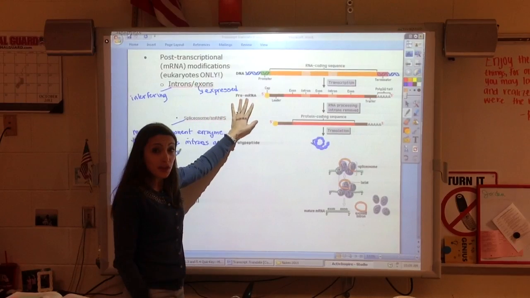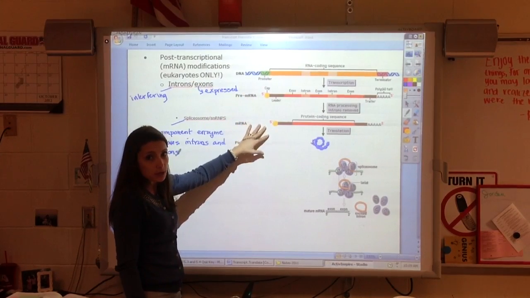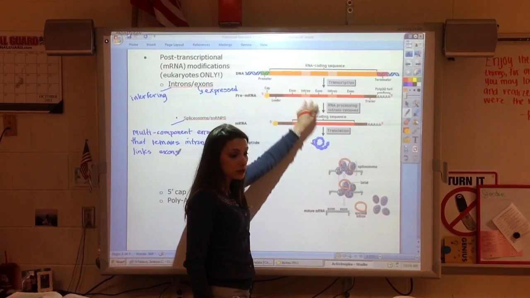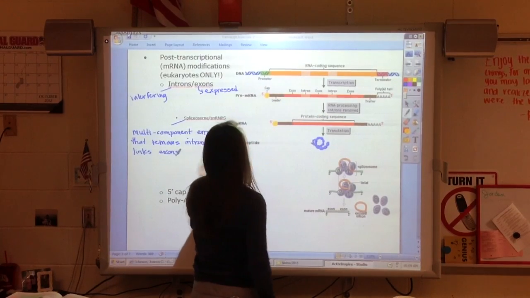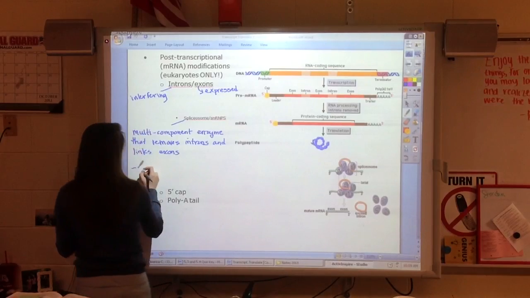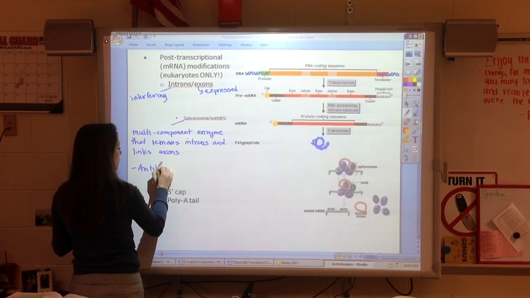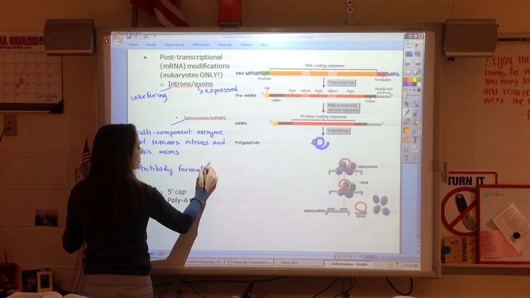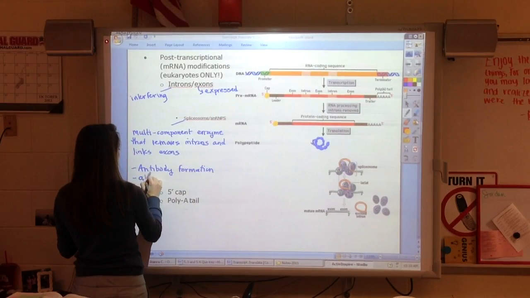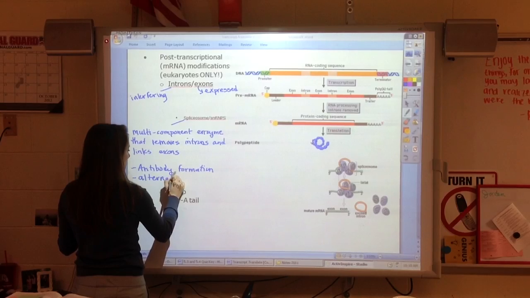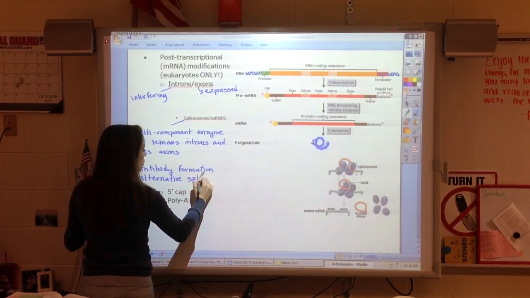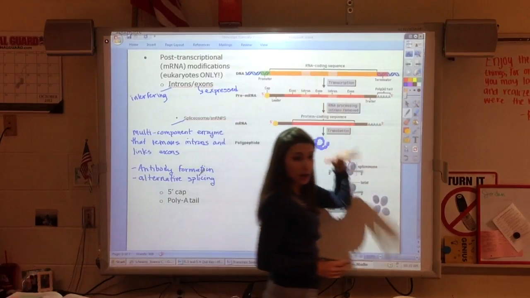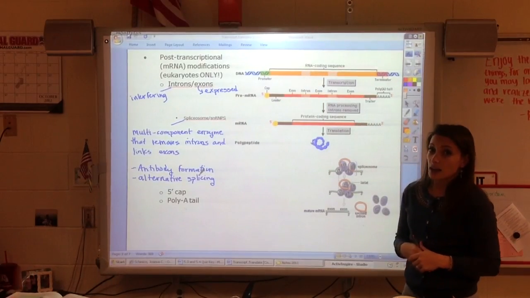There's a lot of theories about why this is present. One of the theories is that over evolution there were mutations, and so those mutations were removed. However, we'll also see that this is really important for antibody formation. It allows us to have something called alternative splicing. So one advantage that they've seen is that sometimes it's not always the same introns that are taken out.